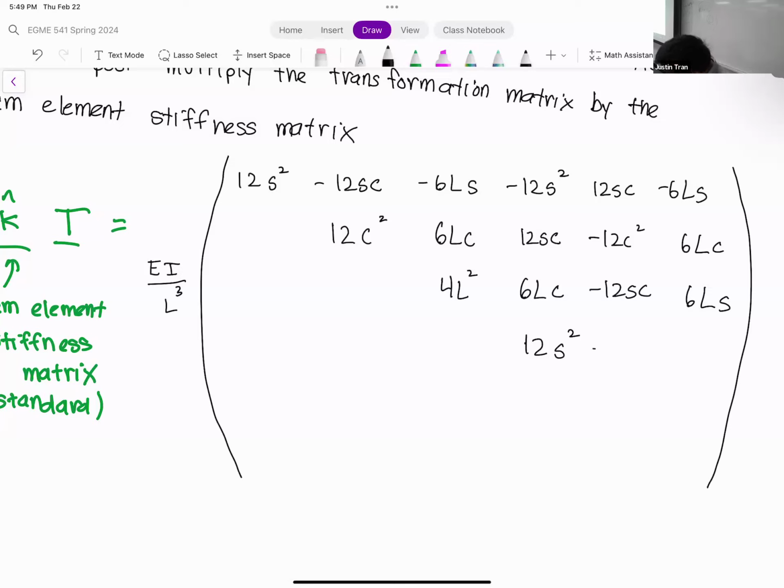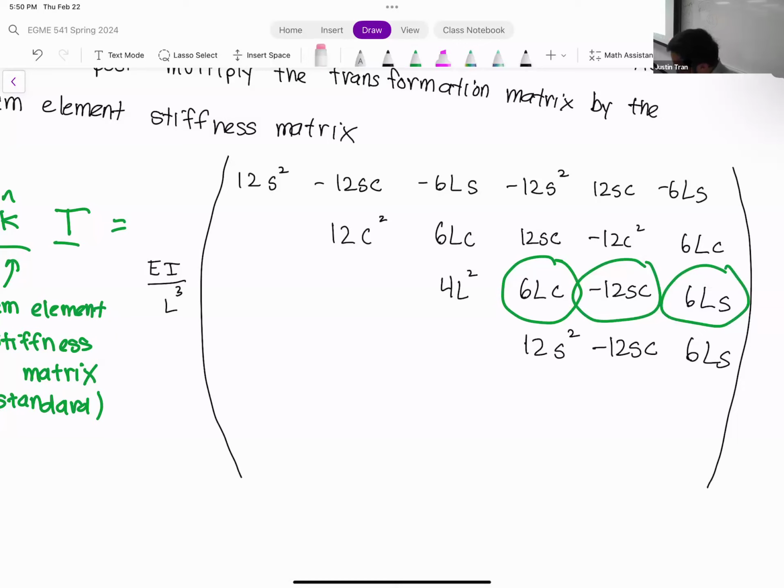Then we have 12s squared, minus 12sc, 6ls. Sorry, I think I messed up the third row. Apologies. Let me highlight these. I messed up this one. All three of these, actually. I don't know where I was going. Sorry about that.